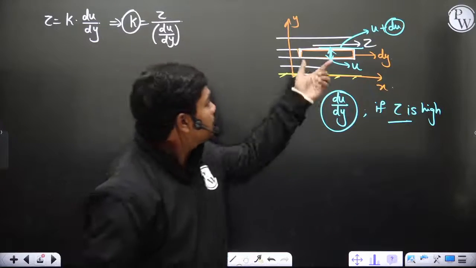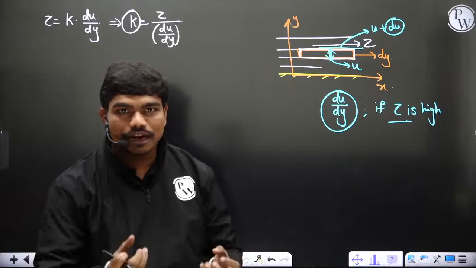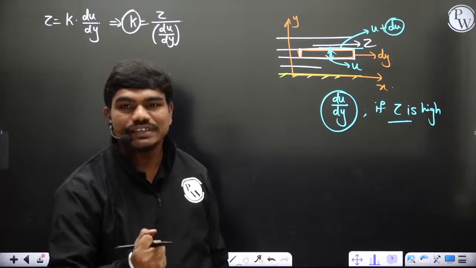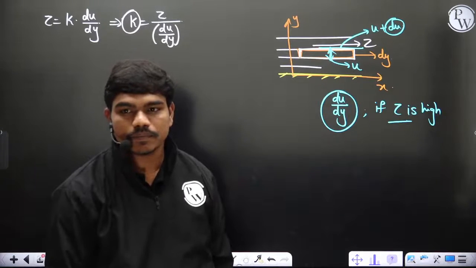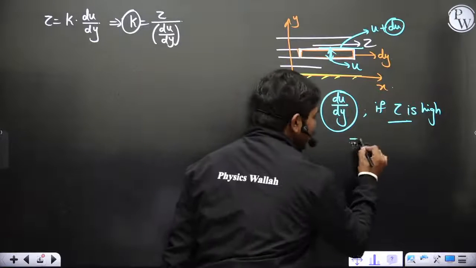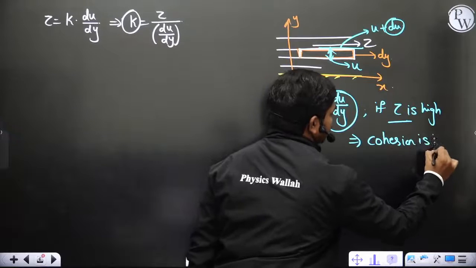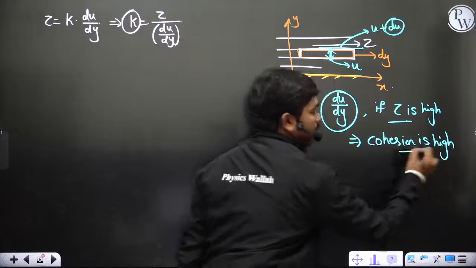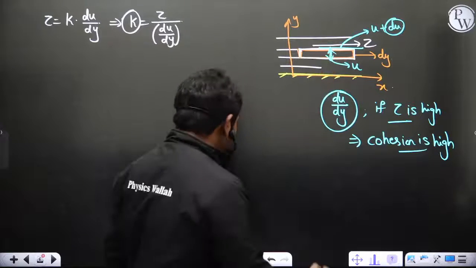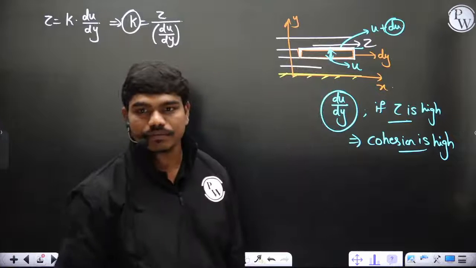That means if I have to apply a very high amount of force on the layers, the cohesion between the molecules in this liquid is very, very large. Can I say this? Can I say that if tau is high, that means cohesion is high, because these molecules are not allowing this layer to move easily, correct?